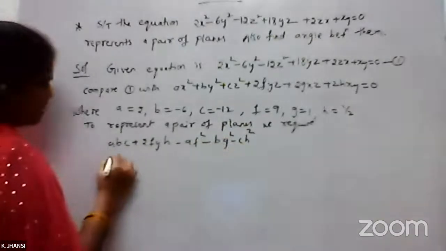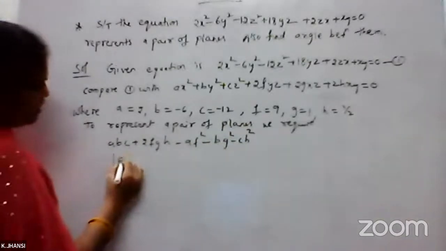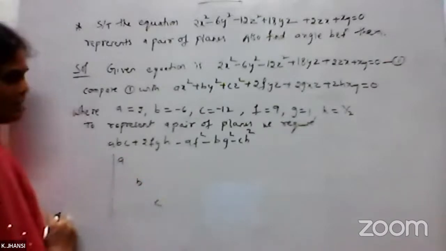This you can remember with the help of the determinant. Whatever ABC are there, those are the diagonals you will have.